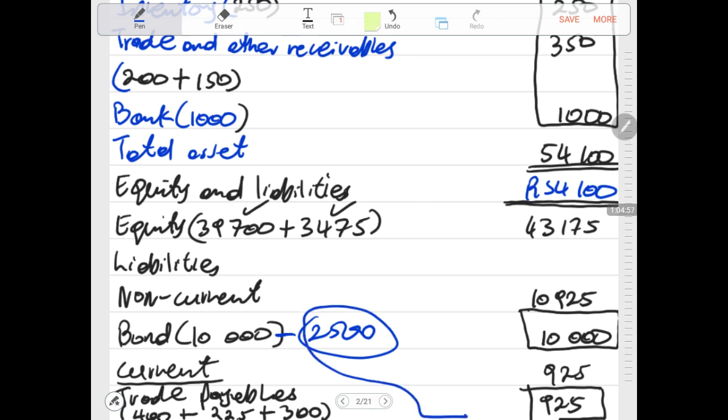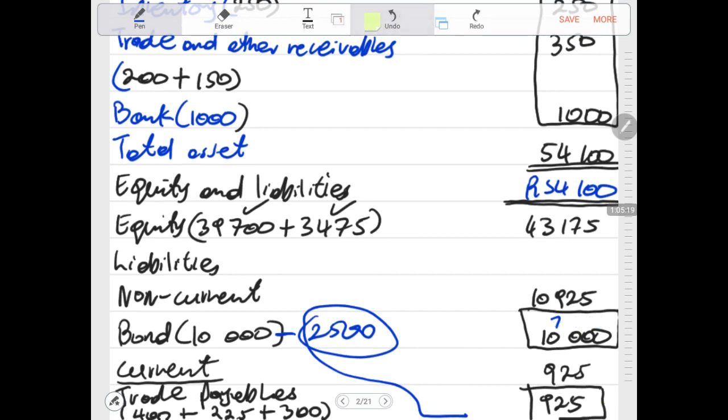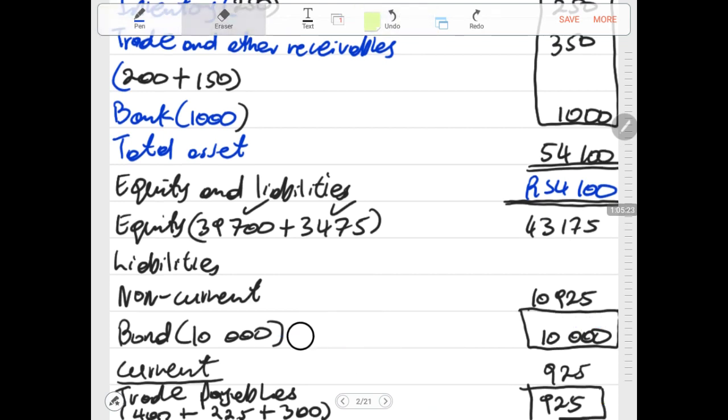But in this case, we did not have any current portion of the loan that will be paid next year. So now the full 10,000 becomes a non-current liability. But if there was a current portion, then the total here would be 7,500, and another 2,500 would have to be recorded here as the current portion of the loan. But we did not have such, so that will make life easier for us.